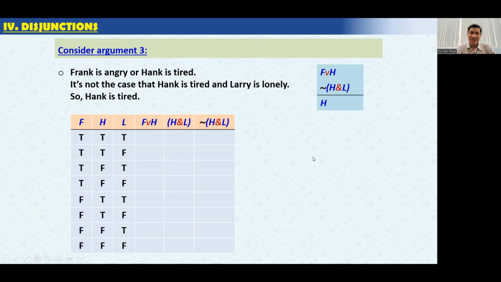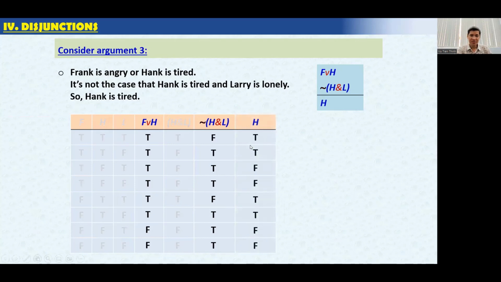Now F or H, and then H and L, not the case H and L. In this case, you can see the conclusion H is on the left hand side, and you can see we have L, H and L. They can be distractors, right? That's the reason why very often I just have another table like this, with the conclusion on the right hand side.